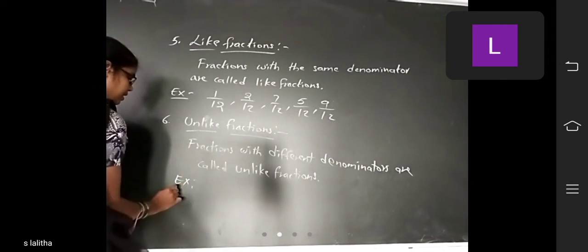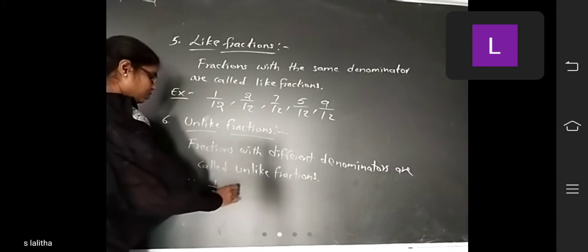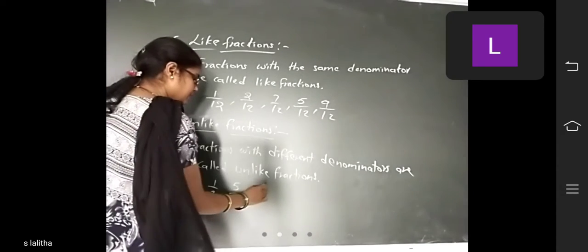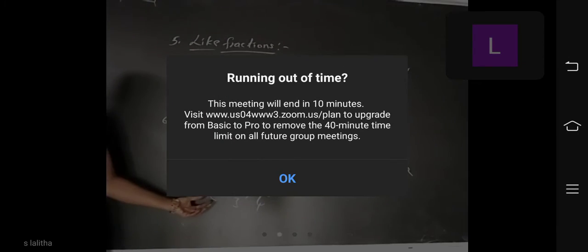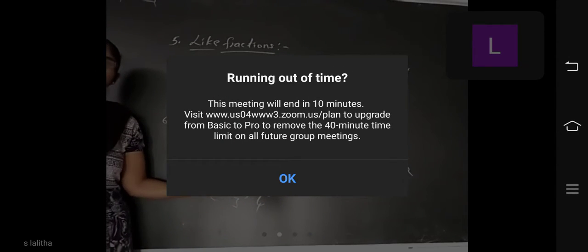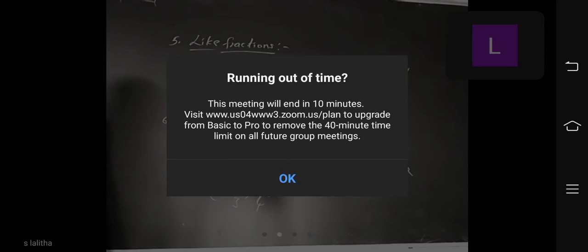Example, tell me: 1 by 2, 5 by 3, 6 by 4, like that. Observe here, the denominators are different. So these fractions are unlike fractions. Right now.